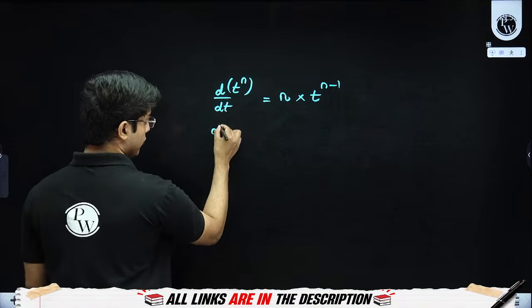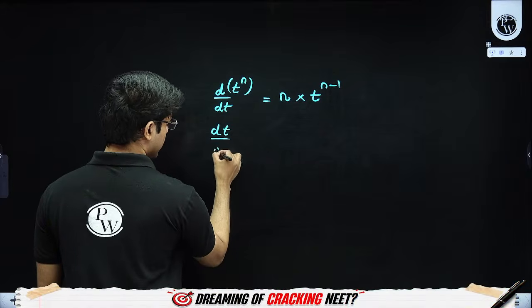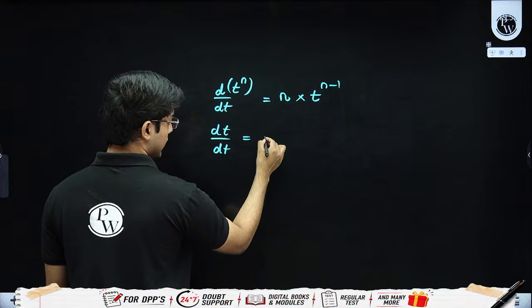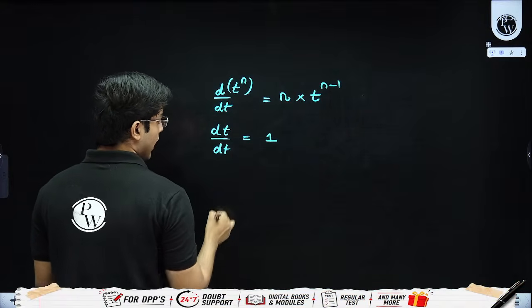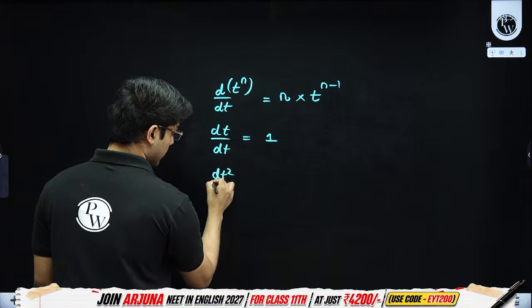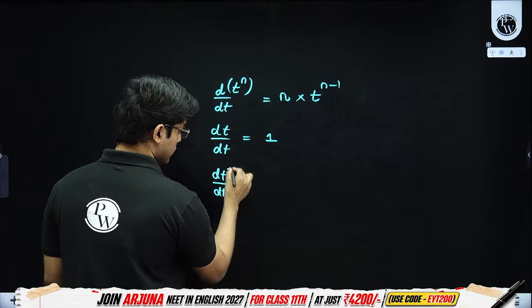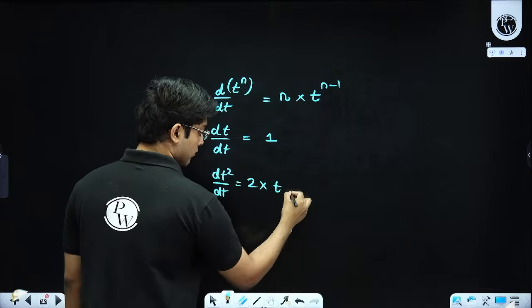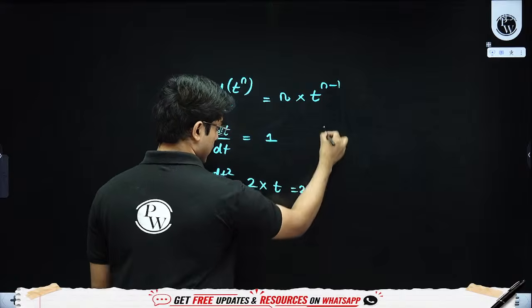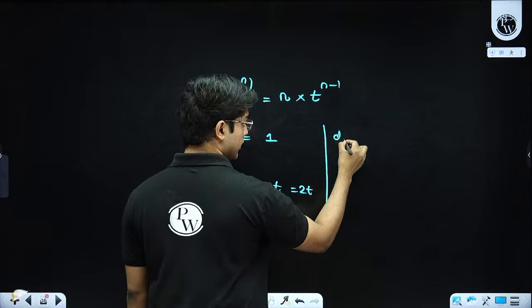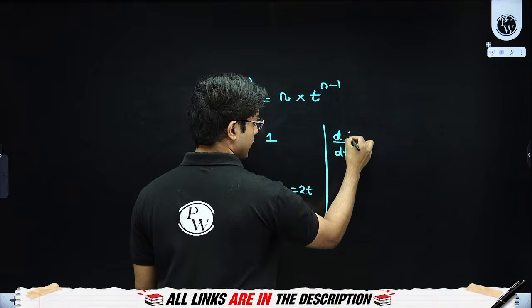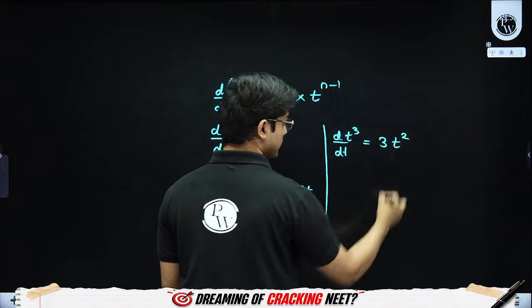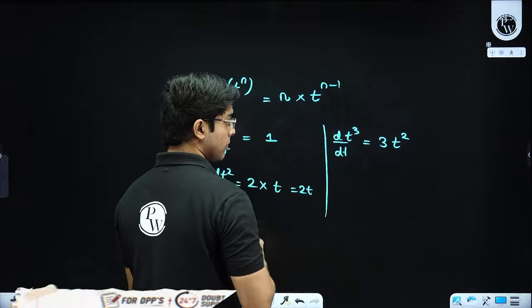So if you want dt by dt, here n is 1, right? So on the right hand side you will get the answer as 1, and if you want dt square by dt, this 2 will come to the front and you reduce the power of t by 1, so the answer is 2t. And the derivative of t cube will be 3 into t square. 3 comes front and you reduce the power of t by 1.